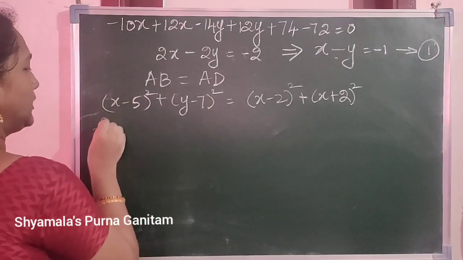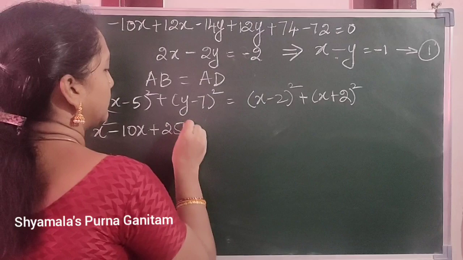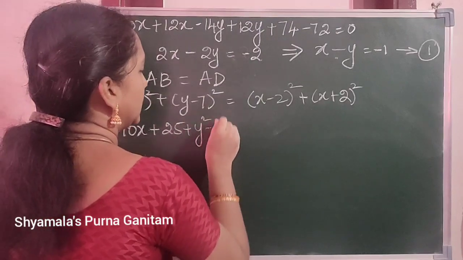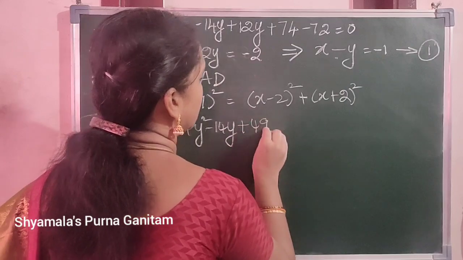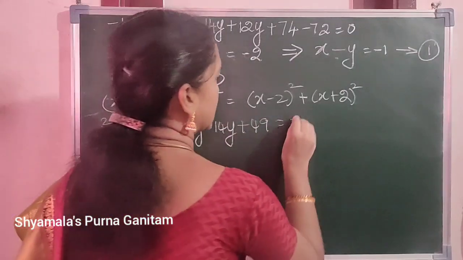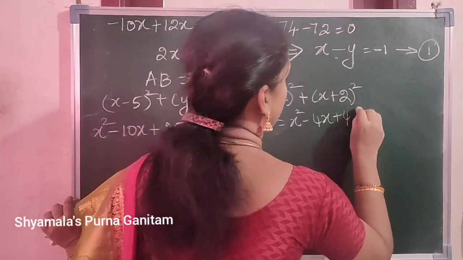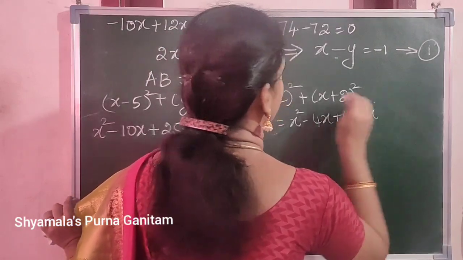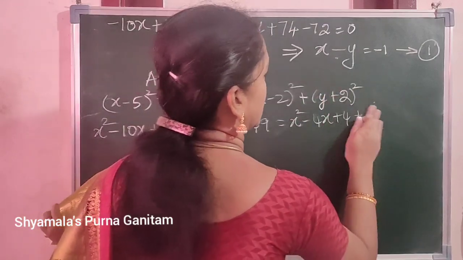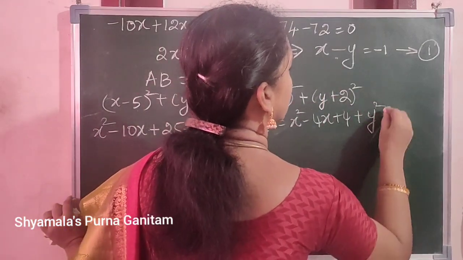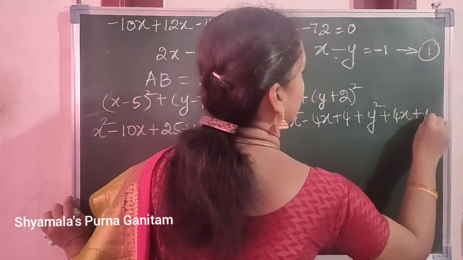So x squared minus 10x plus 25 plus y squared minus 14y plus 49 is equal to x squared minus 4x plus 4 plus, sorry, here it is y, y squared plus 4y, 2 2's are 4, plus 4.